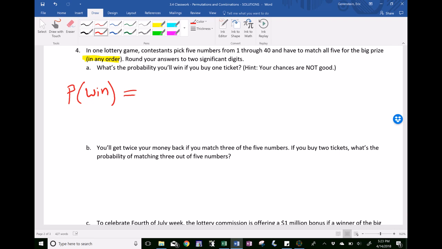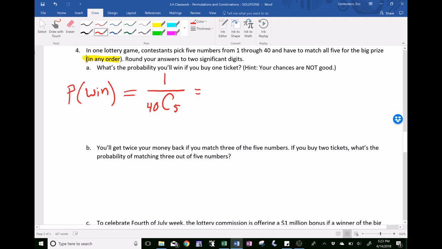So number of ways to win, that should be 1. And total number of ways to play, or the total number of outcomes of this particular experiment, well, how many ways can we pick 5 numbers from a group of 40 if there's no repeats and order does not matter? Again, that's a combination. So down here we'll have 40 combination 5.